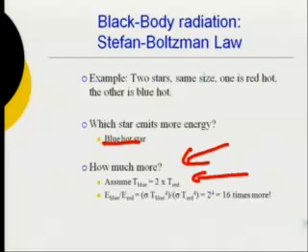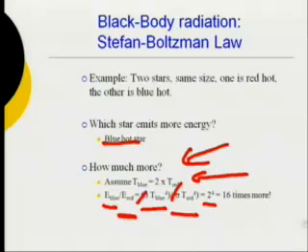If that's true, then the ratio of the blue hot one's energy emitted to the red hot one's energy emitted is sigma T blue to the fourth divided by sigma T red to the fourth. But the sigmas cancel because they're both in the numerator and the denominator. And we know that one temperature is twice the other, so this works out to 2 to the fourth. 2 to the fourth is 2 times 2 times 2 times 2.